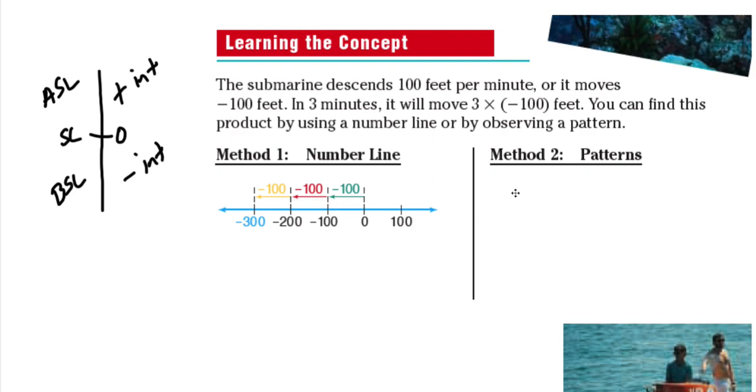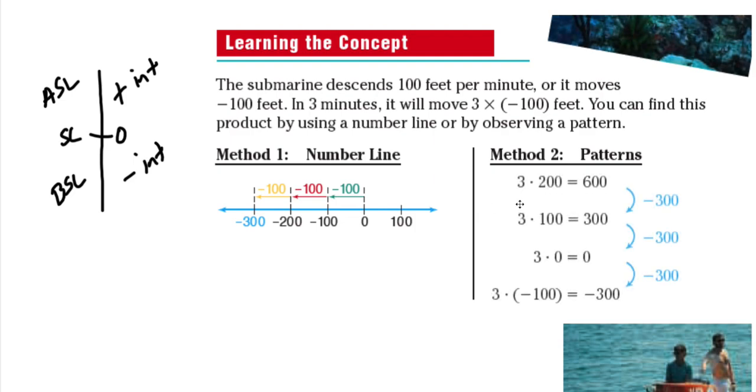We use patterns. 3 times 200 equals 600, 3 times 100 equals 300, and 3 times 0 equals 0, of course. If you look at the pattern, it's always decreasing by 300 feet.